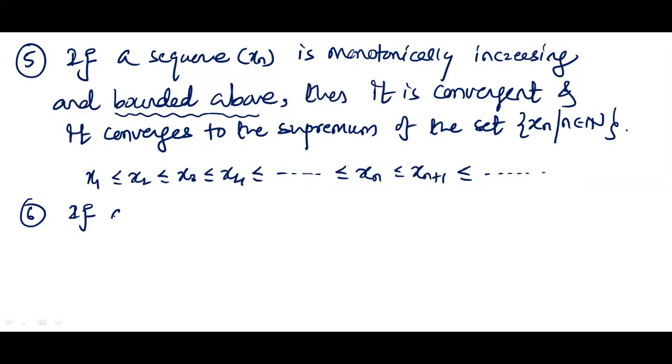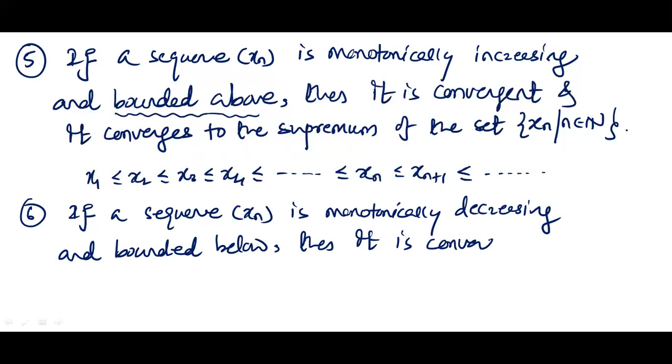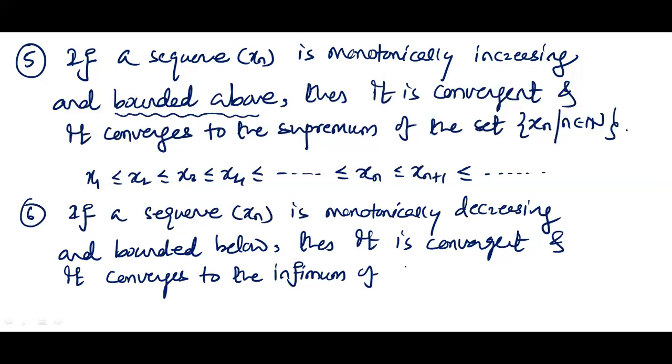If a sequence xn is monotonically decreasing and bounded below, then it is convergent and it converges to the infimum, infimum is greatest lower bound, of the set xn, so that n belongs to N.